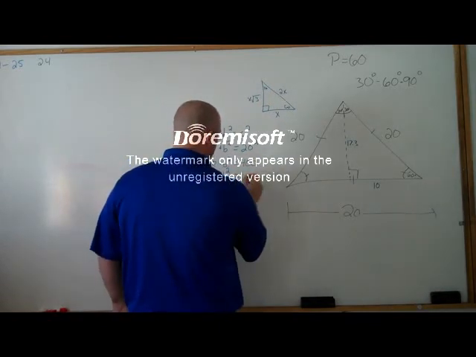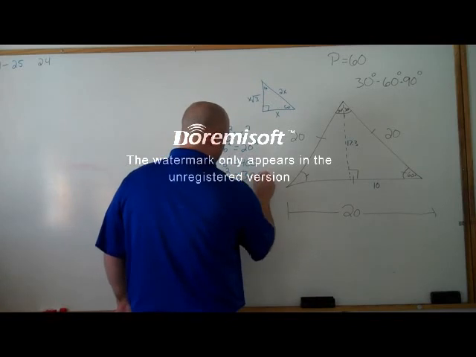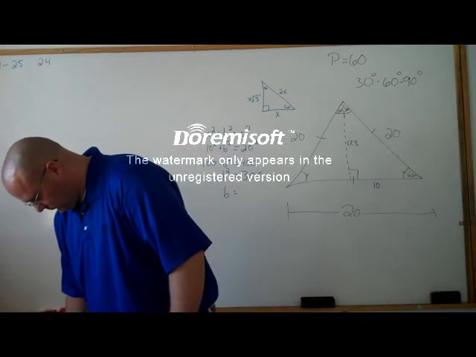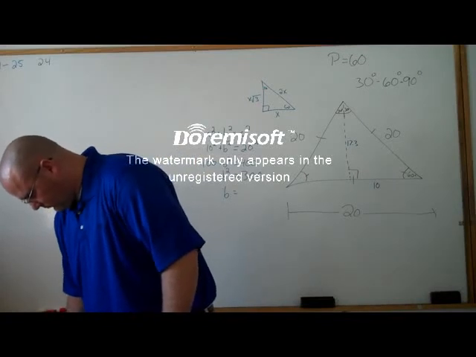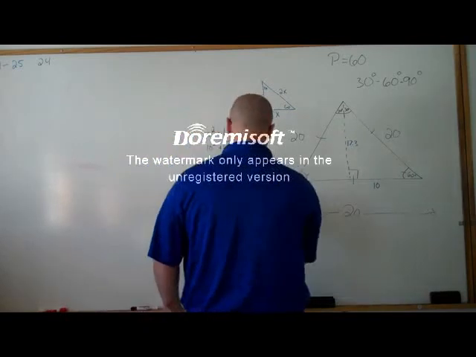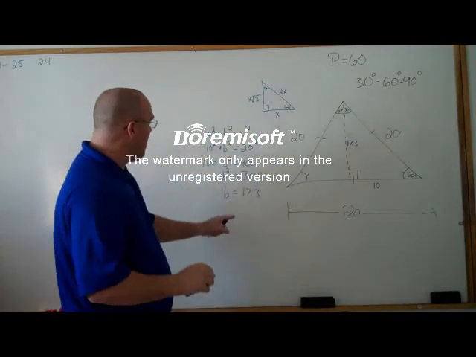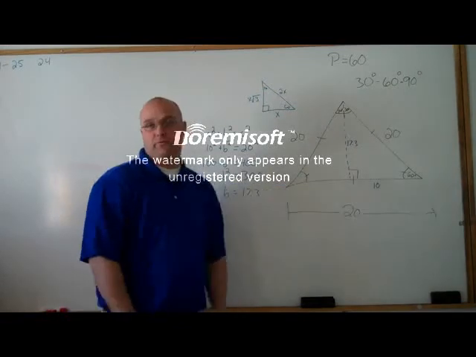B squared equals 300. So square root of 300. Okay. We did all our math out and we still got 17.3.